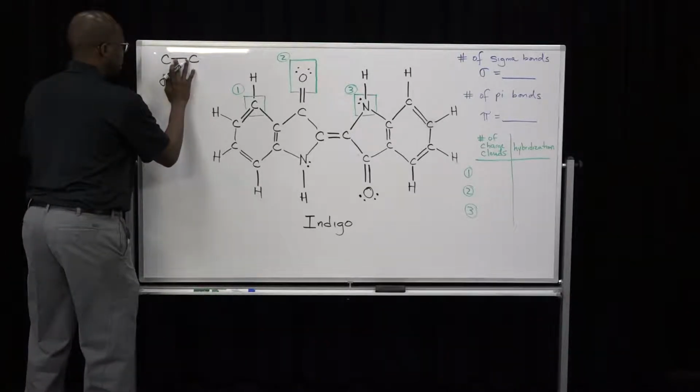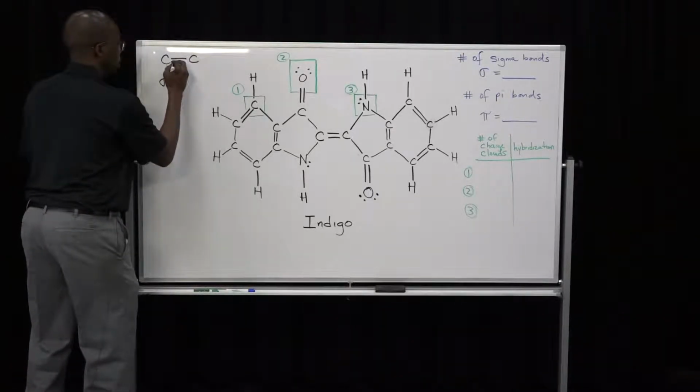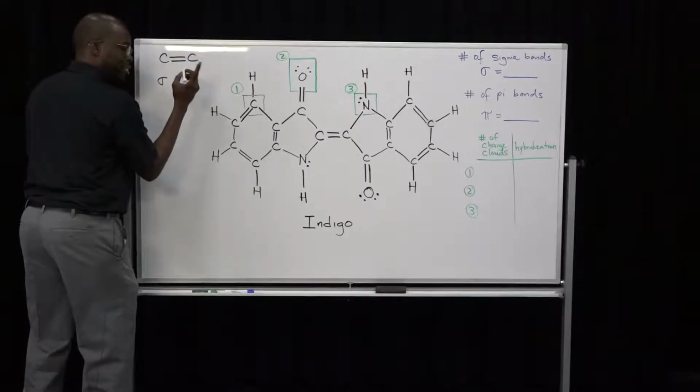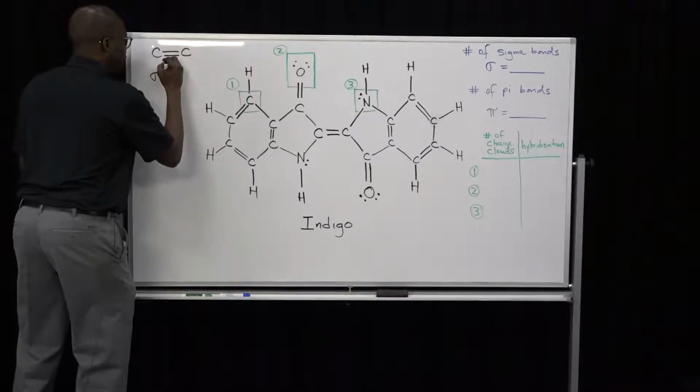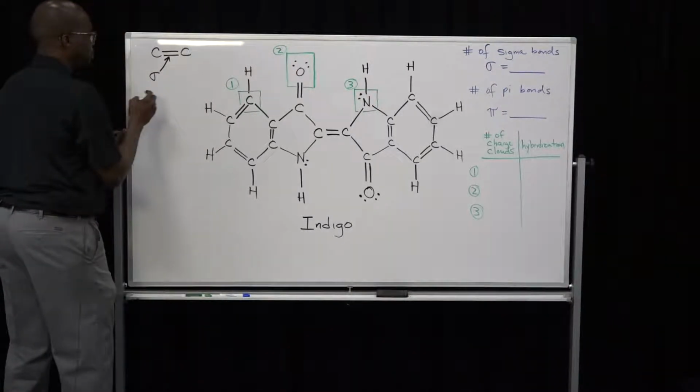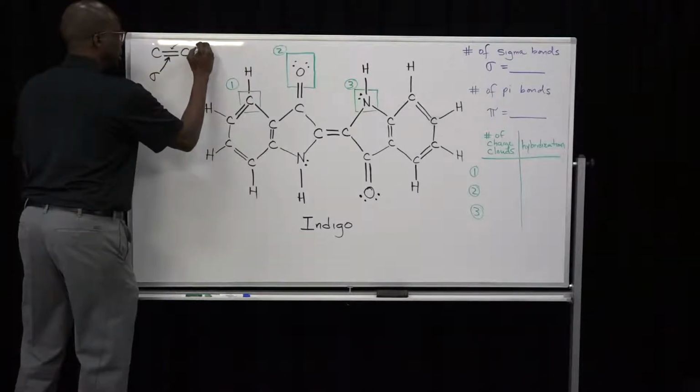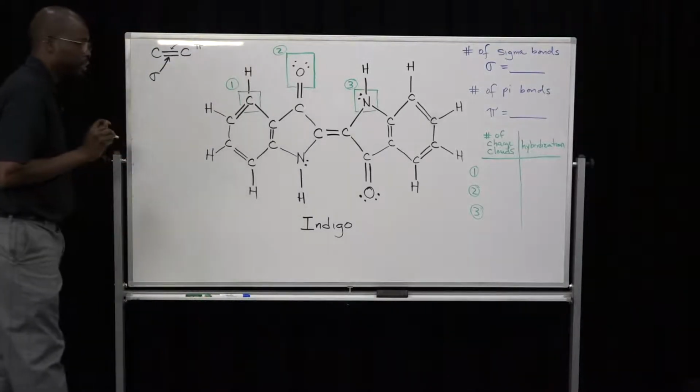For a double bond, whenever we have a double bond, one of these bonds is considered to be a sigma bond, while the other is considered to be a pi bond.